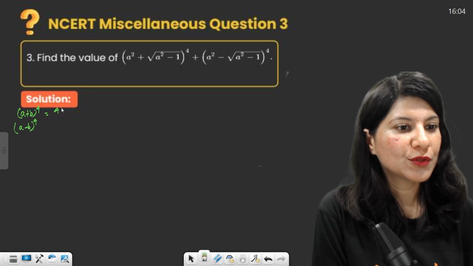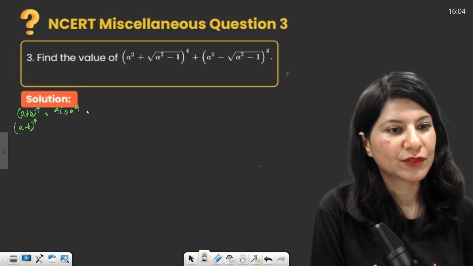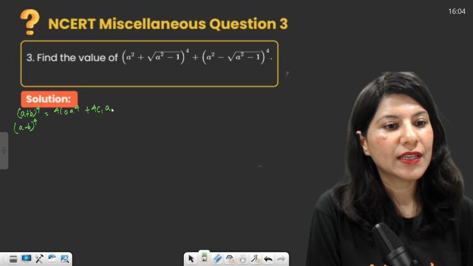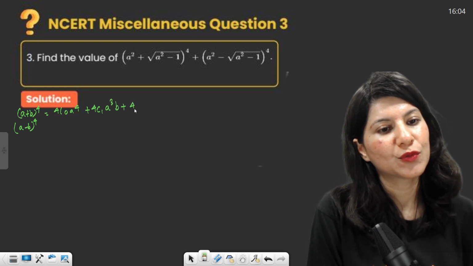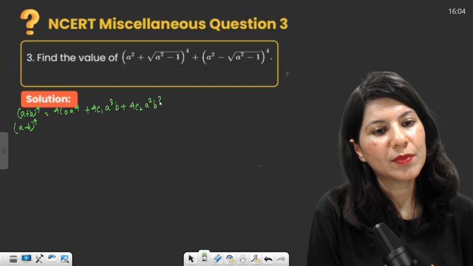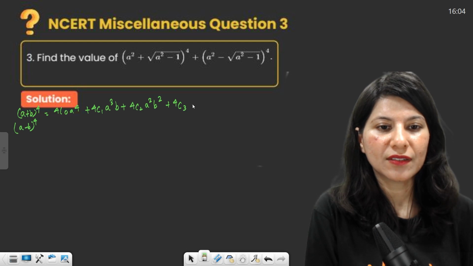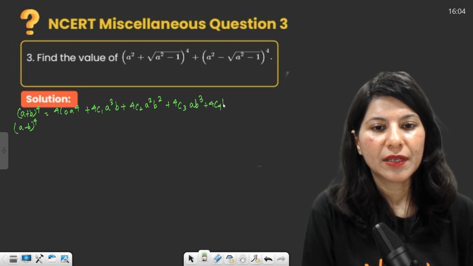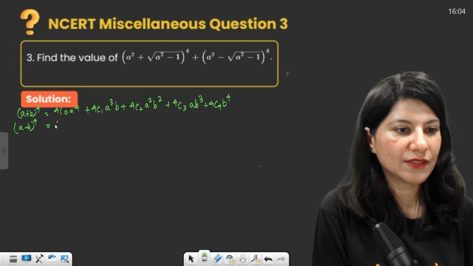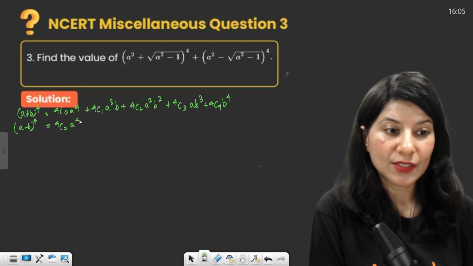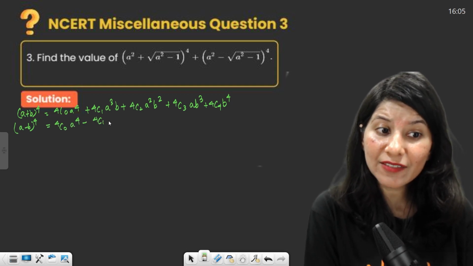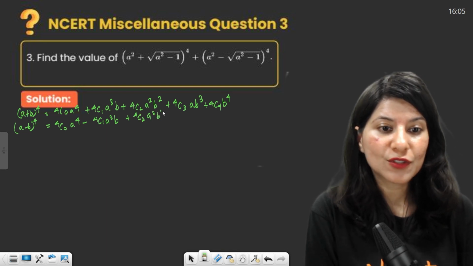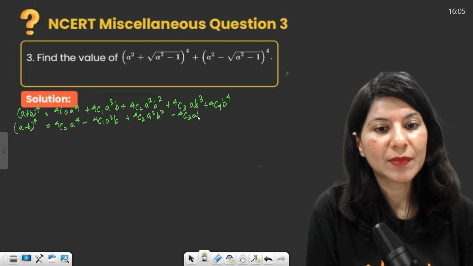Again, 4c0 a raised to power 4 plus 4c1 a cubed b plus 4c2 a squared b squared plus 4c3 a b cubed plus 4c4 b raised to power 4. This is 4c0 a raised to power 4 minus. Alternate plus minus sign will be happening over here in the second expansion, right? So just copy paste and alternate plus minus sign.